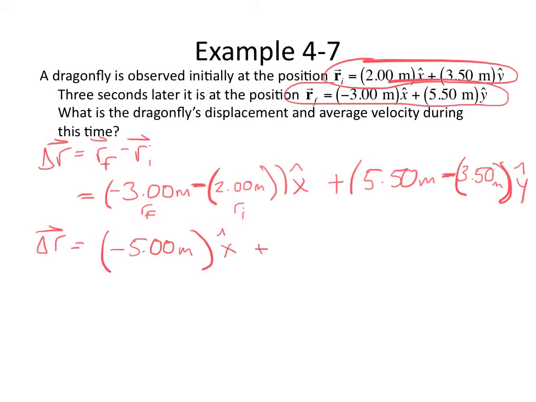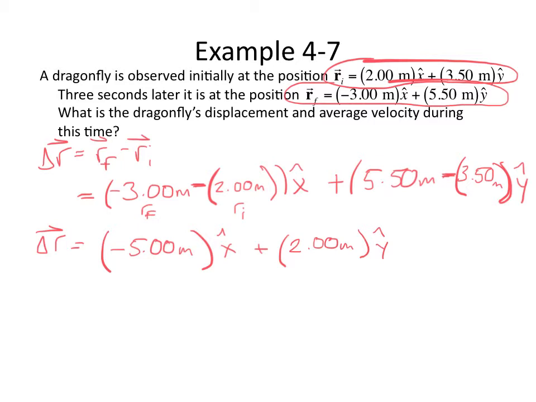Even if the two things are being subtracted, you always have your x component plus the y component. So in between the x hat and the y hat, it's always going to be a plus. Plus, what's 5.5 minus 3.5? That should be easy. It should be 2.0 meters, and that is in the y hat direction.